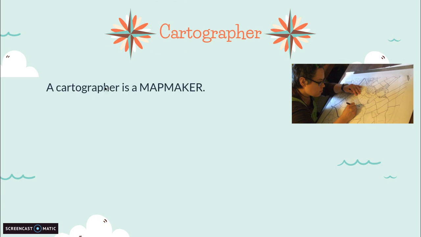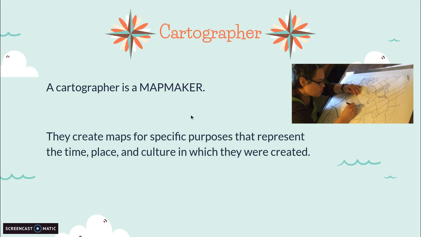A cartographer is a map maker, and they create maps for a purpose. And all maps represent the time, place, and culture in which they were created. So maps are created for a specific purpose.